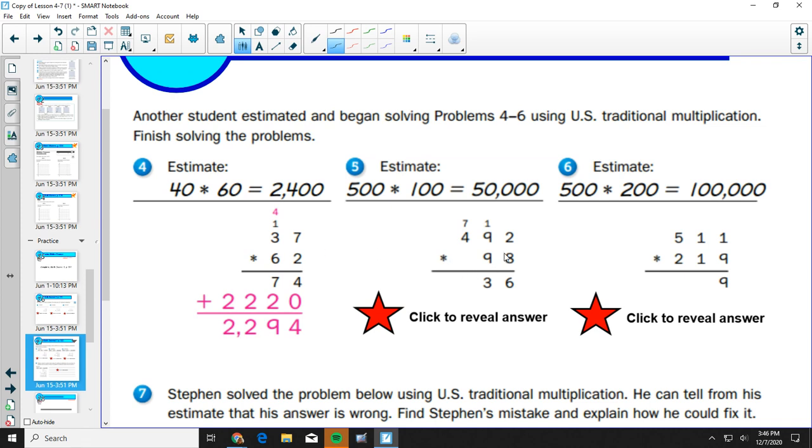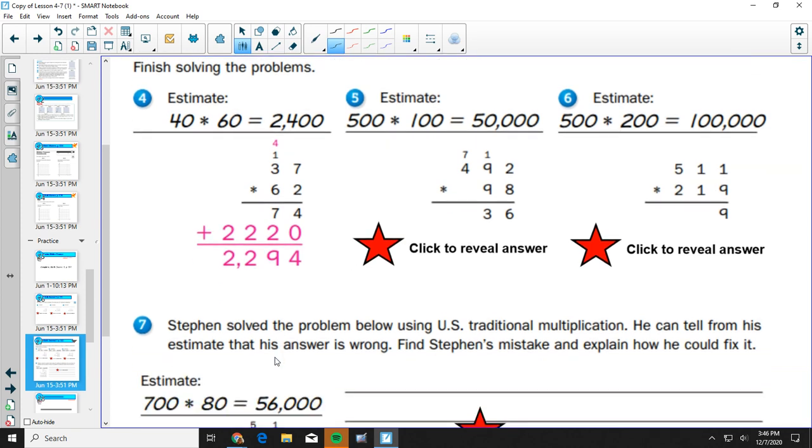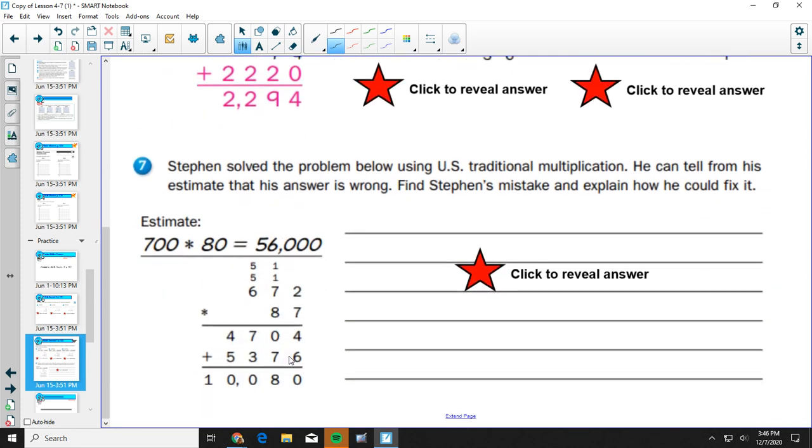So number 5 is 492 times 98. And then you've got 511 times 219. And then number 7 says, Stephen solved the problem below by using U.S. traditional multiplication. He can tell from his estimate that his answer is wrong. Find Stephen's mistake and explain how he fixed it, or how he could fix it.